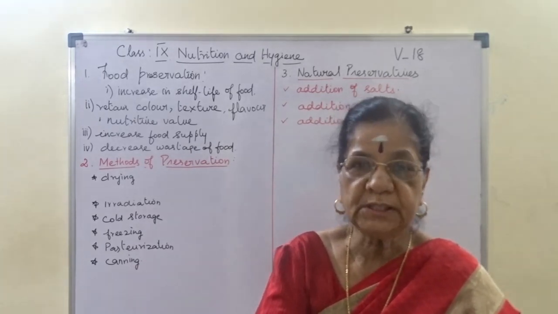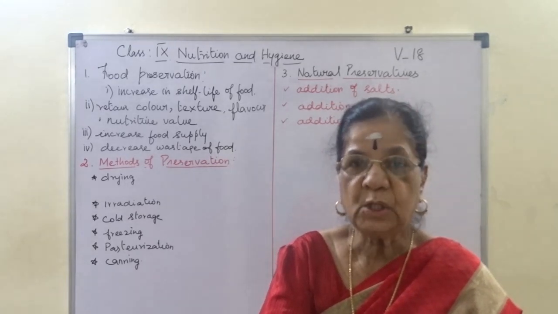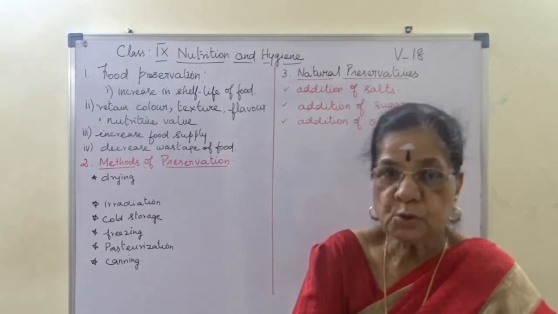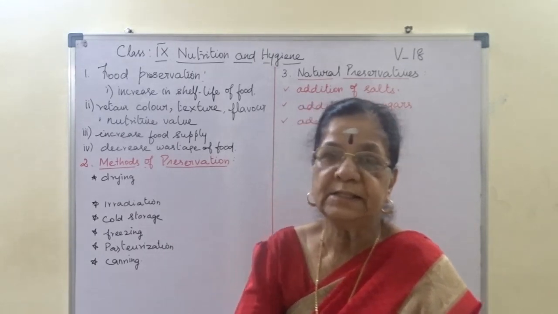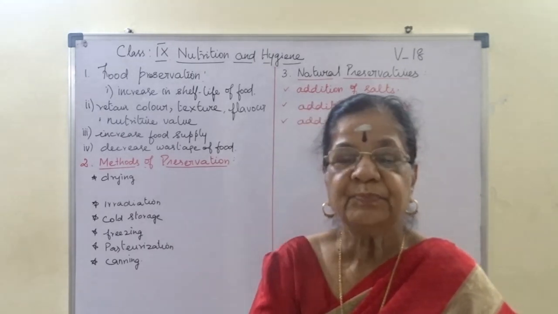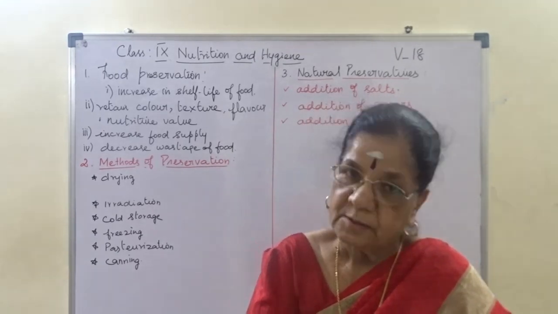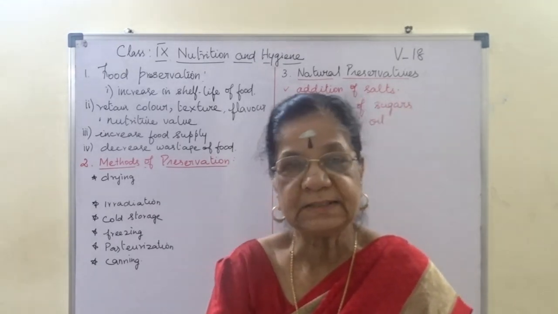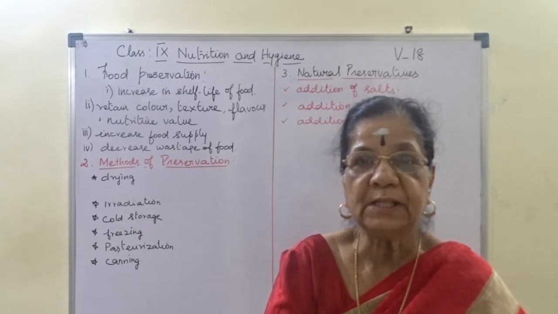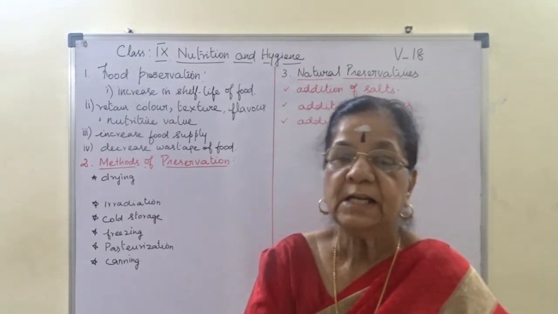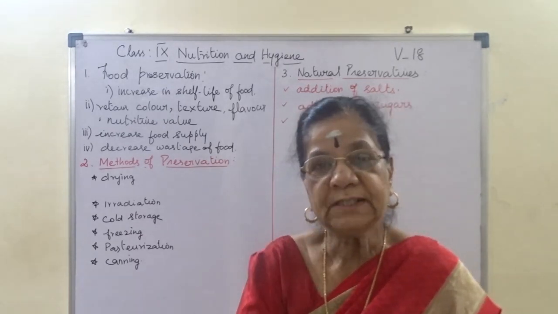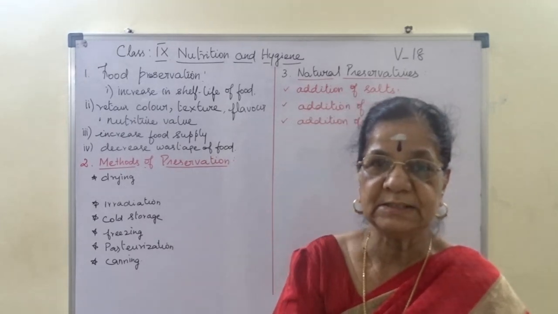Same way, proteins are the building blocks. They help in the growth of cells and in repairing damaged tissues, and they are formed only of amino acids. These amino acids are essential and non-essential amino acids.